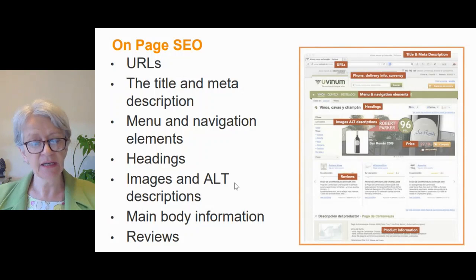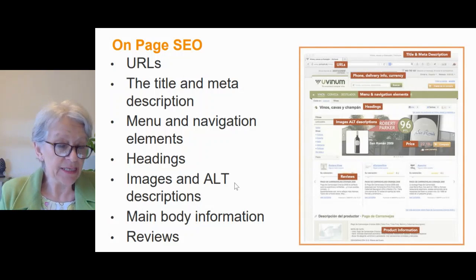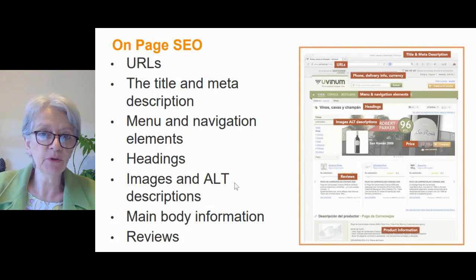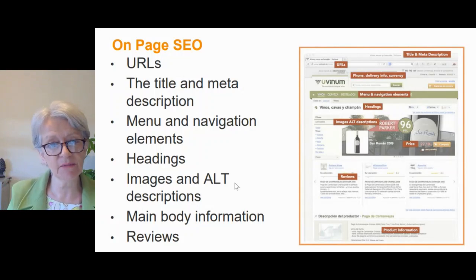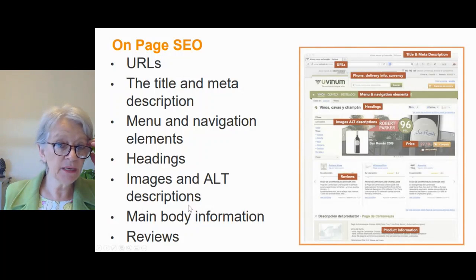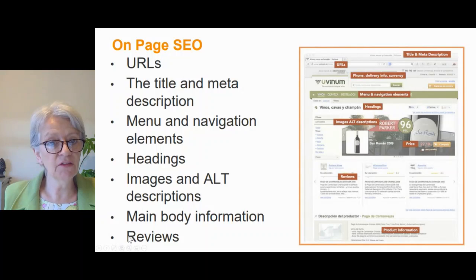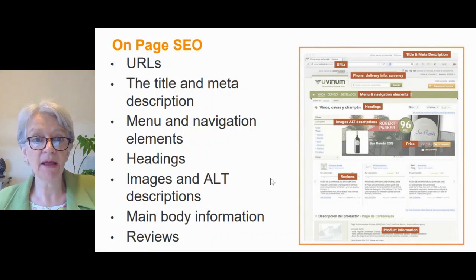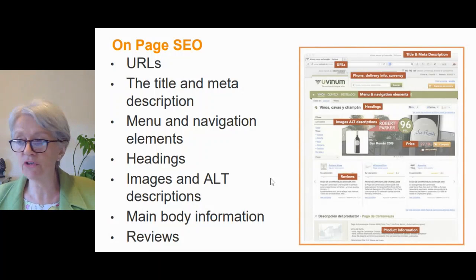Any images should be named using keywords and have alt tags on them. You input those in your content management system as you're uploading the photographs. The keyword should be in the main content of the website and in any reviews that you have on there. So they are the power areas for your keyword content.